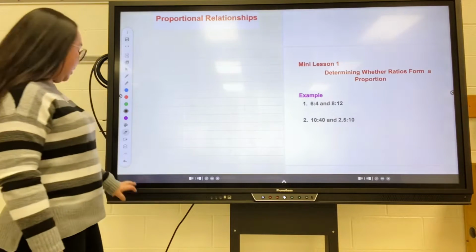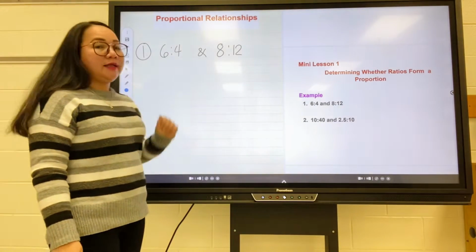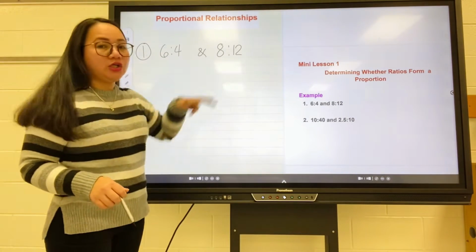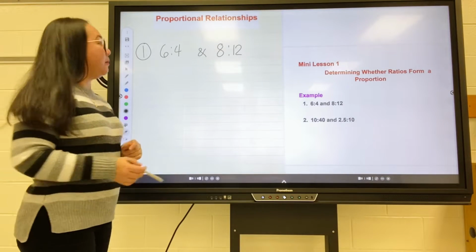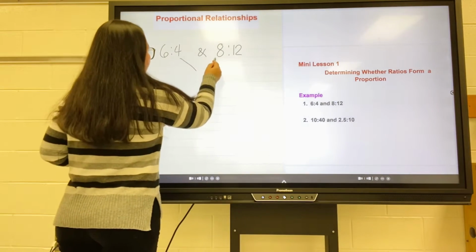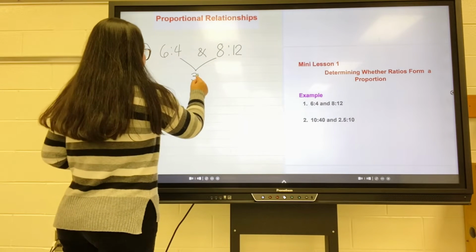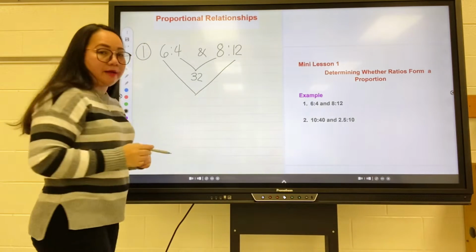So we have here example 1, which is 6 to 4 and 8 to 12. We will determine if these two ratios form a proportion. Since it is in column form, multiply the means, which is 4 and 8. And 4 times 8 is 32. Multiply the extremes, which is 6 times 12.